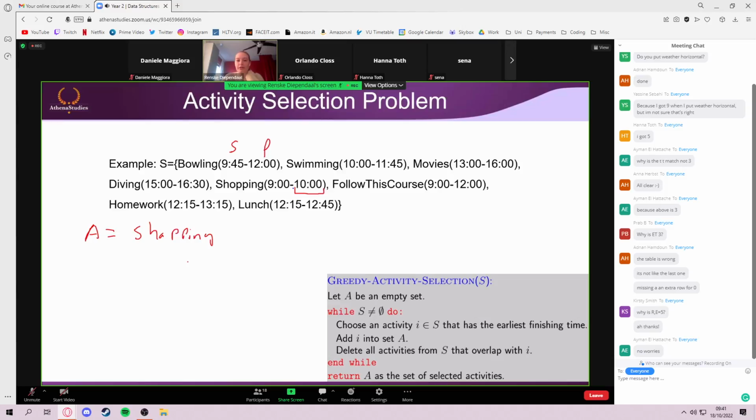And then we remove all the activities that overlap with this part. So anything that starts between this time basically is going to overlap. So we can't go bowling because we won't be back in time to start bowling. So we can remove it from our activity list. We could go swimming if we can magically transport from shopping to swimming, which we assume we can do.